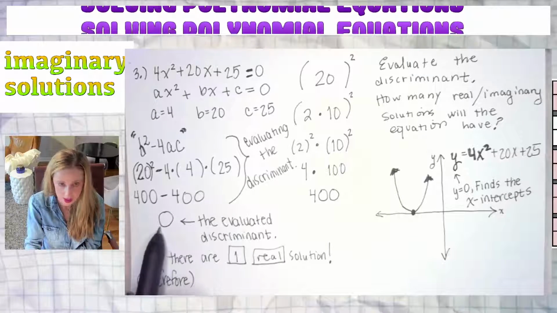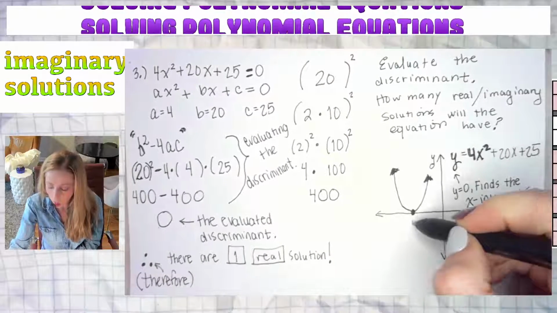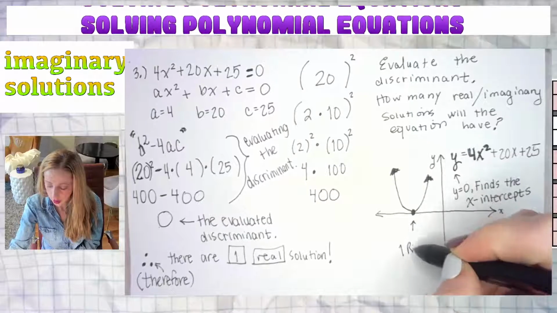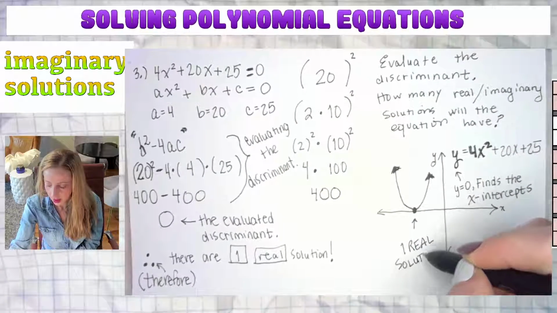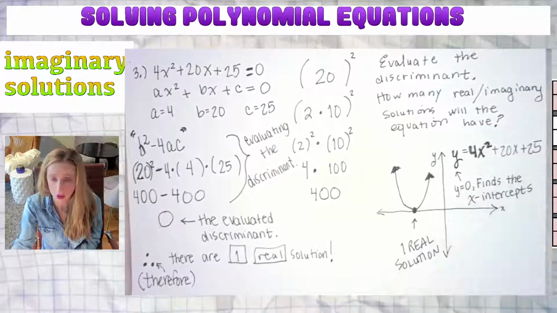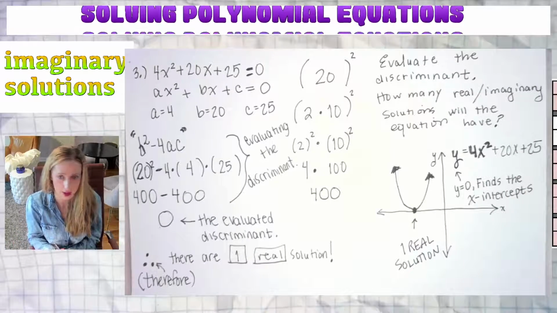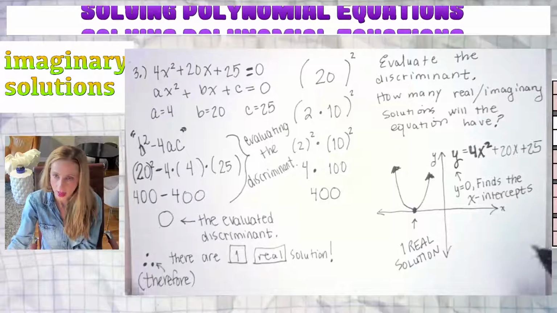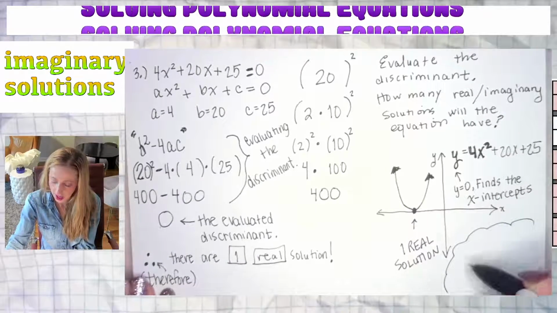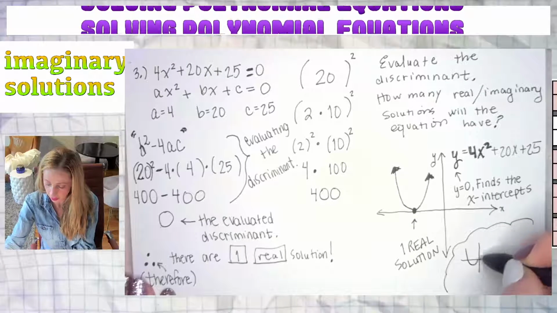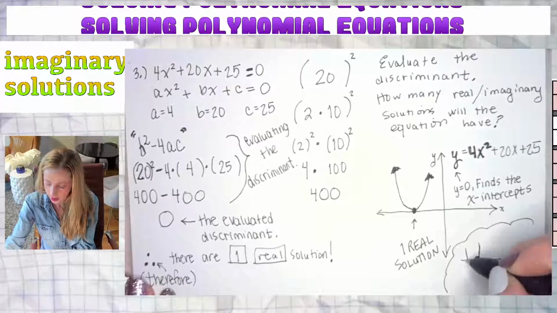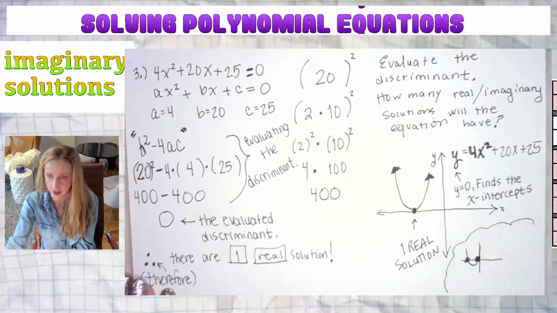So when it equals 0, that means you have one real solution, and that one real solution is also your one real x-intercept, okay? And then a little thought bubble on the side, if you have two real solutions, your graph might look like that instead. 1, 2 x-intercepts right there.